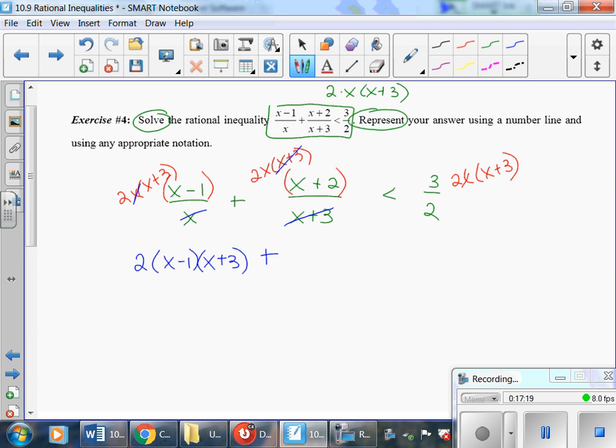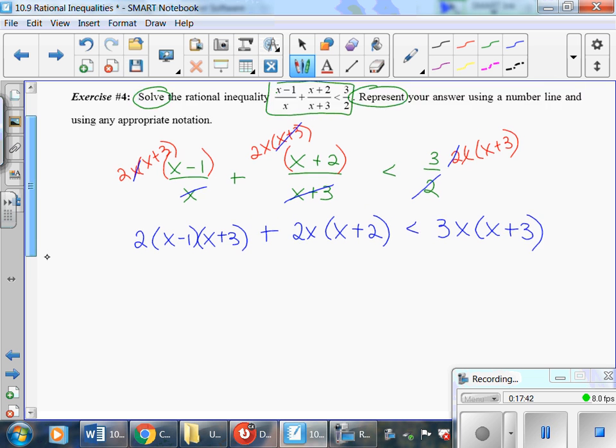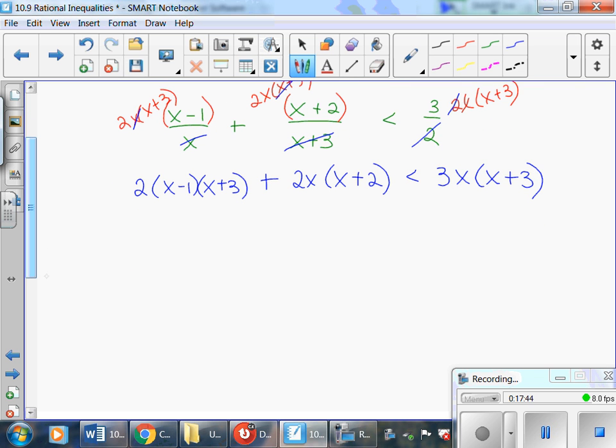So I'm left with the 2x out front times my x plus 2, which is less than. Here the 2's cancel, so I'm left with my 3 and my x plus 3. I know this looks really long, but you'll see it really isn't that hard. Step by step, neatly and organized.